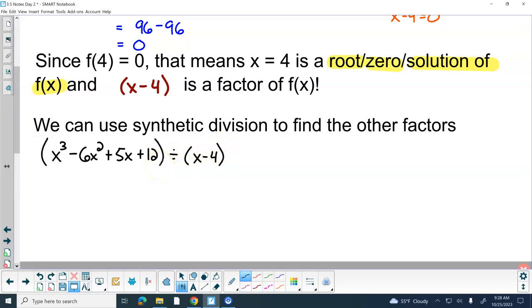Well, we can synthetically divide that out, right? So, what's my 0? 4 was my 0. Set it up the way that he had it set up. My coefficients are 1, negative 6, positive 5, and positive 12.